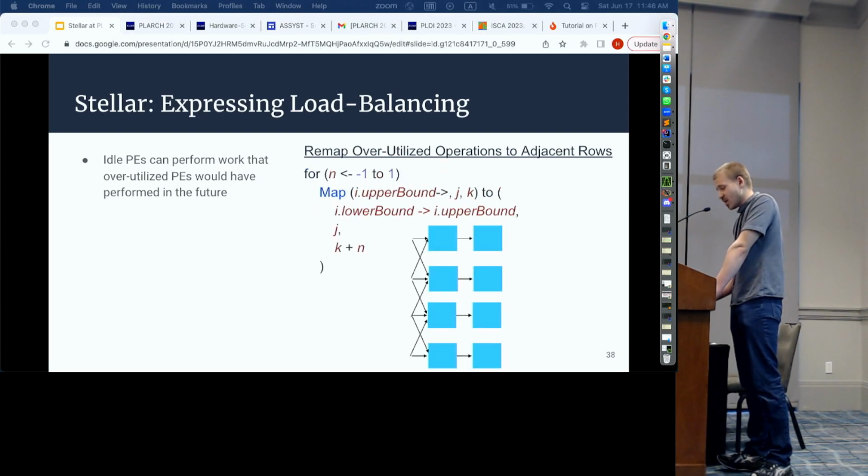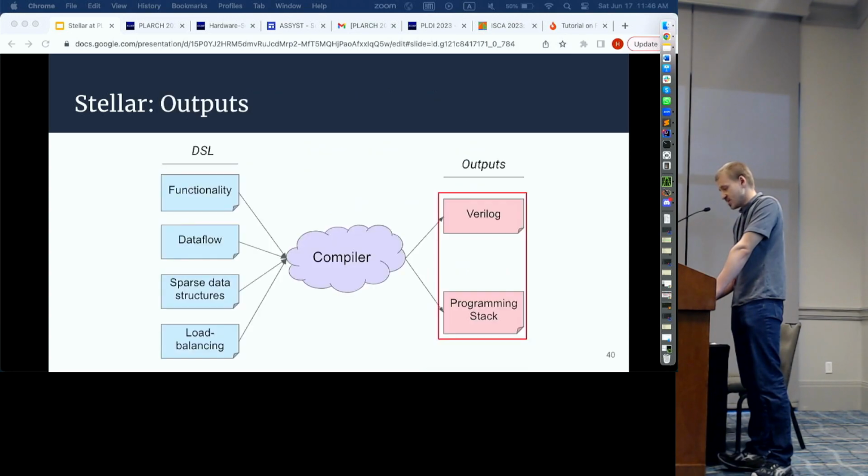And based on just how flexible they make the load balancing strategy, we can calculate just how many more I/O ports or crossbar connections need to be instantiated on the actual accelerators so that users can take into account the hardware costs of their load balancing strategies.